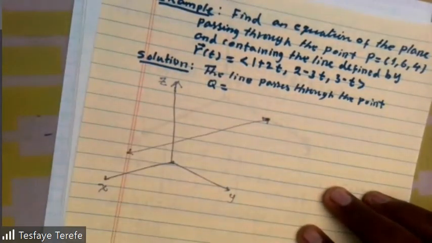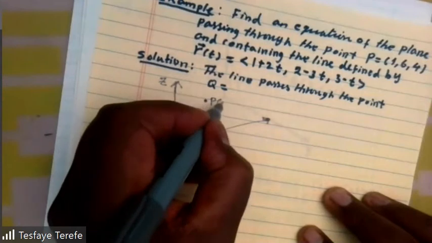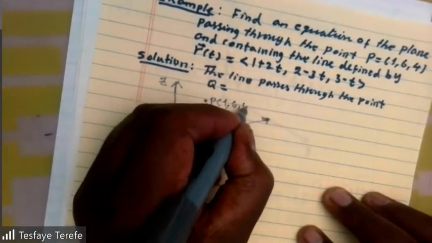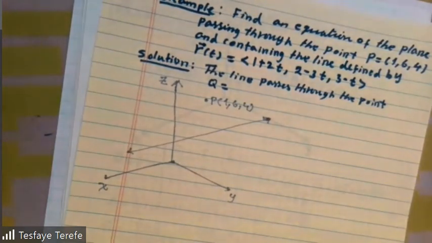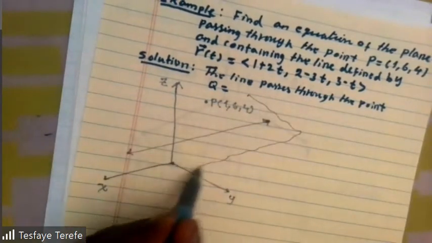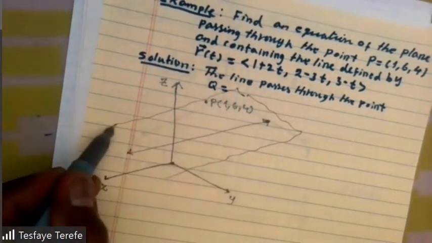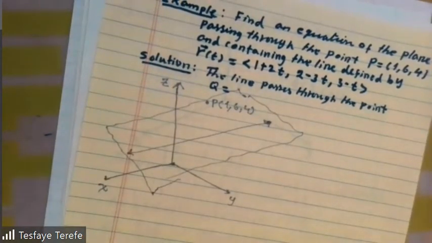And then now I have a point (1, 6, 4). Let us assume this is point P. And then now, can you come up with the equation of the plane that is containing this point and the line? In other words, what is the equation of this plane? That is what we are going to work on.